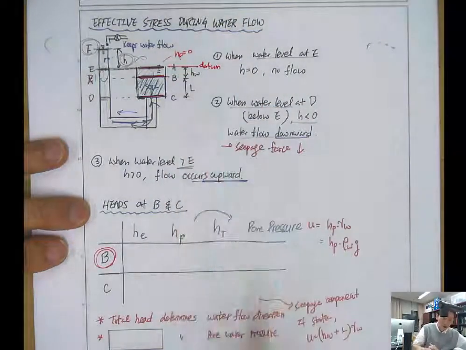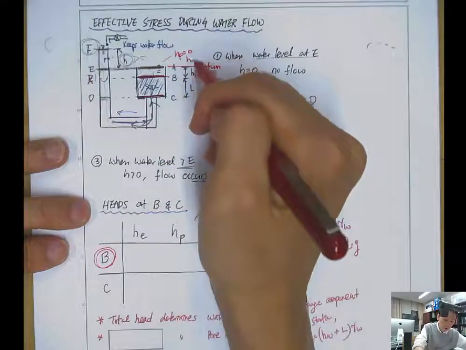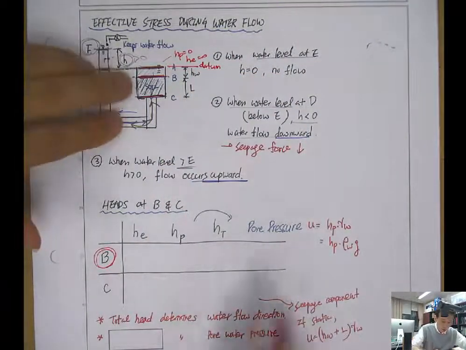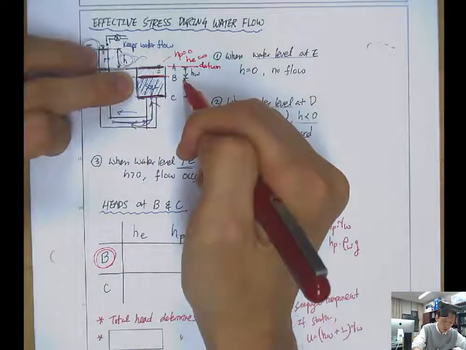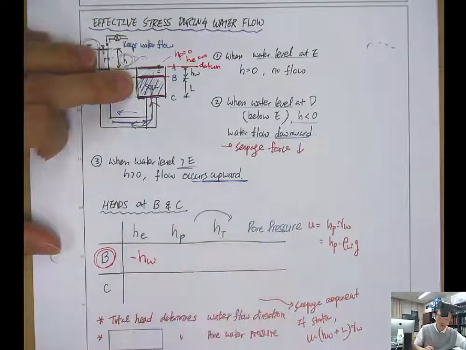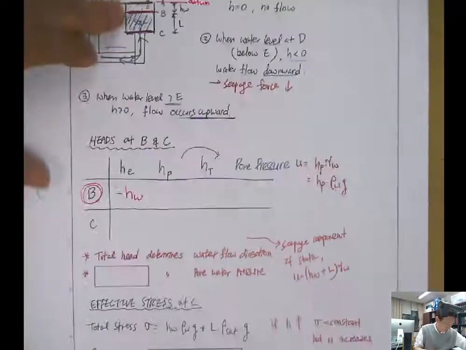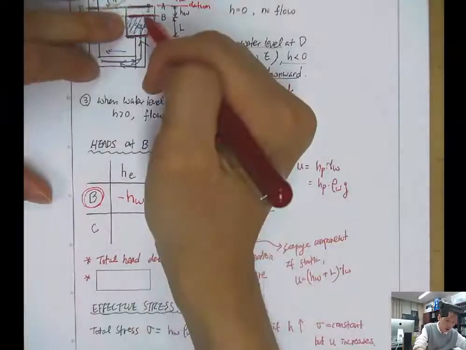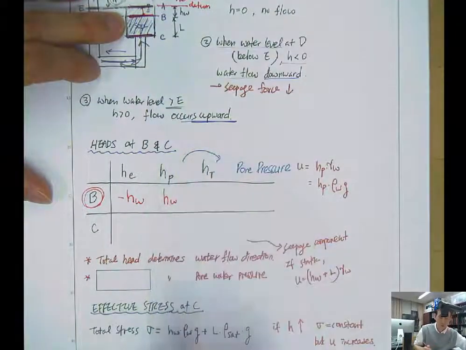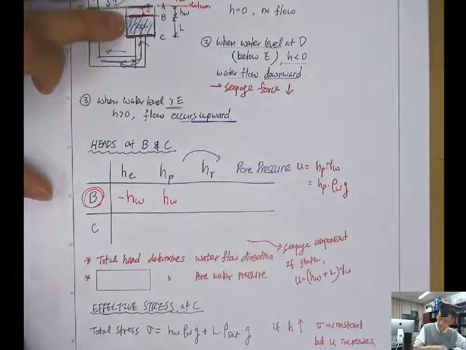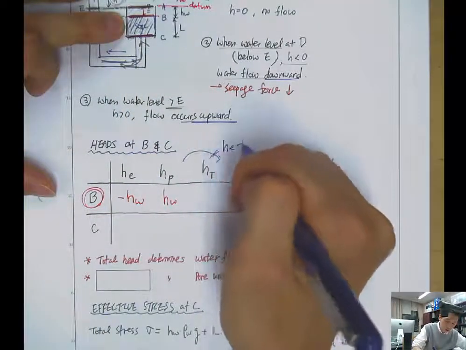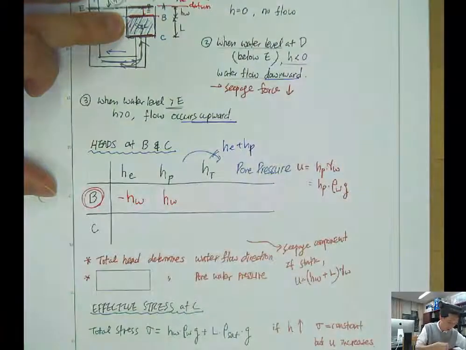So at A, the HE will also be 0. Then at B, the location is minus HW, so the elevation head will be minus HW. And the pressure head, because of this water height, is HW. So total head is what? Summation of HE and HP. So this is HE plus HP. So this becomes 0.